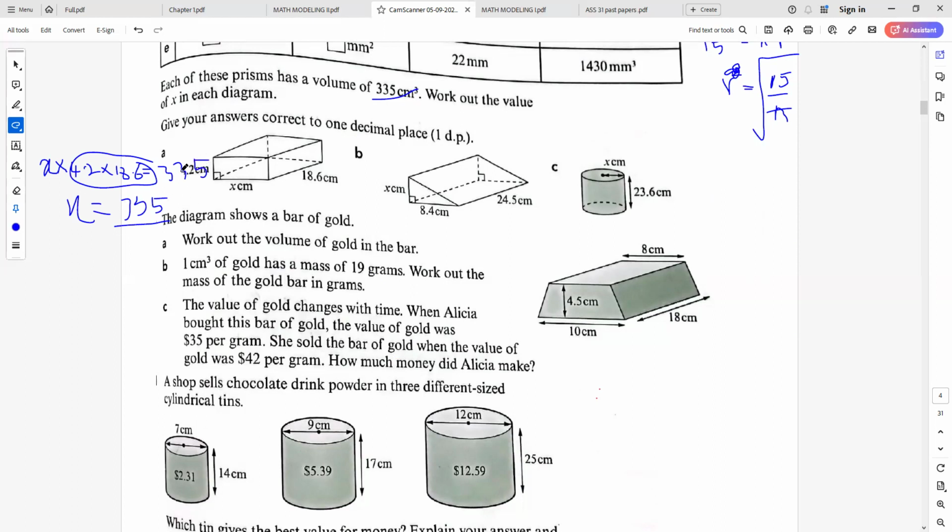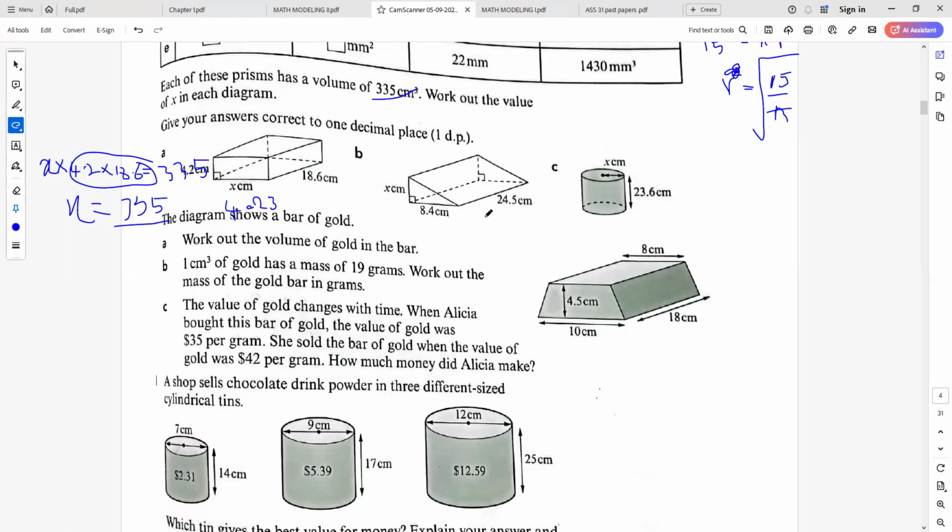Since the given data is to the first decimal place, we can round it to the first decimal place. So 4.288 is approximately 4.3. So X is equal to 4.3.